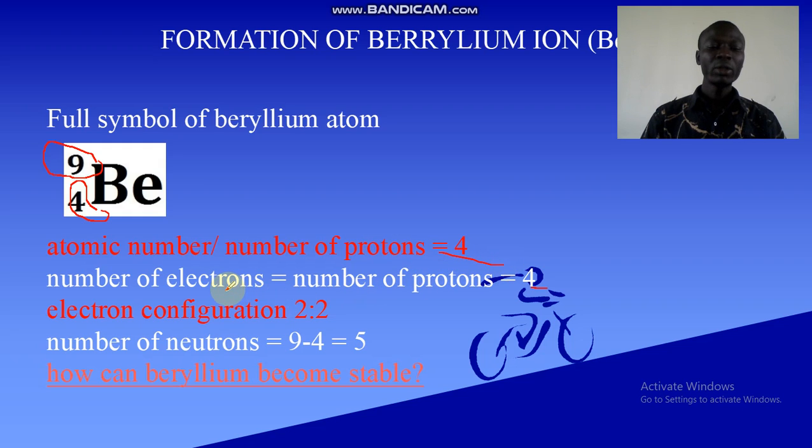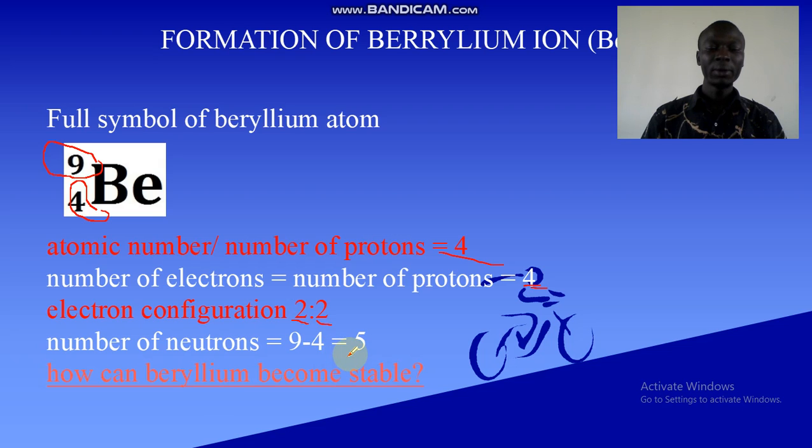Now, the electron configuration, the electron arrangement, is 2 electrons in the first energy level and 2 electrons in the last energy level, to make a total of 4 electrons. Now, the number of neutrons is going to be the atomic mass, which is 9, minus the number of protons, which is 4.